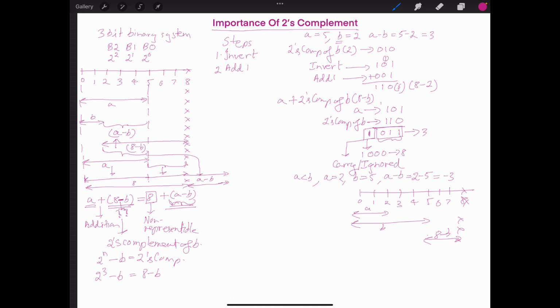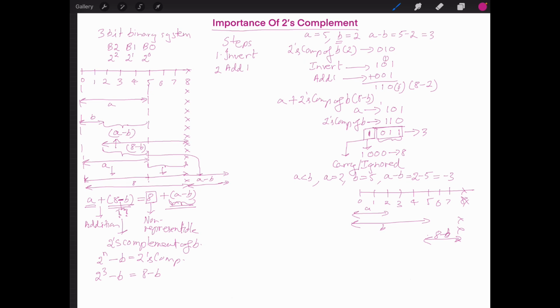As you can see, no matter what we do, the addition of A with 8 minus B in this case will not result in numbers going over 8 and giving us the A minus B. It doesn't seem like it. So let's try to follow the same method here, adding A with the 2's complement of B and see what it yields us.